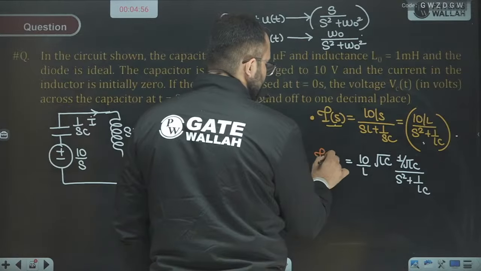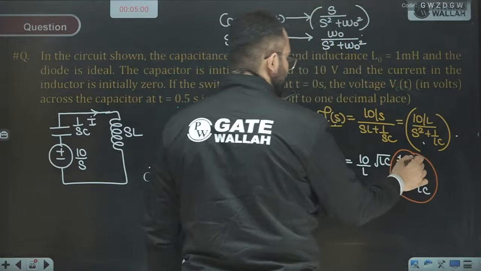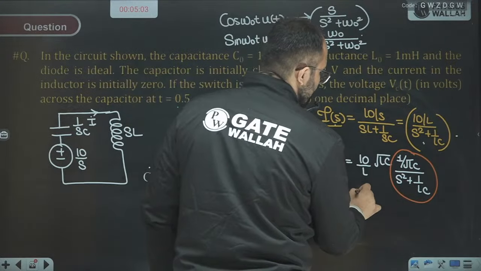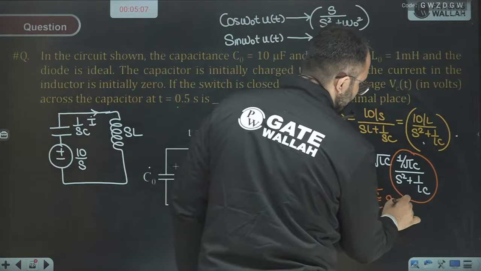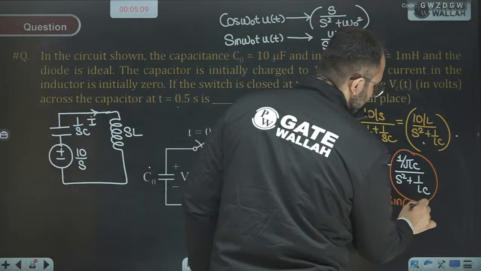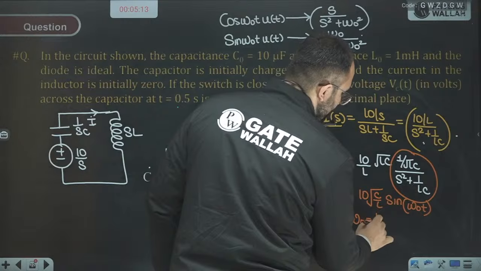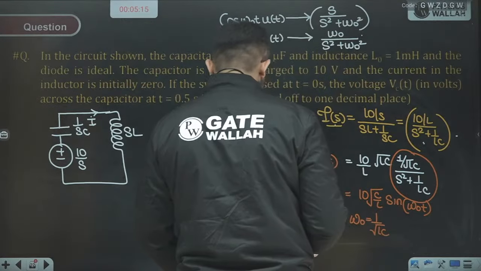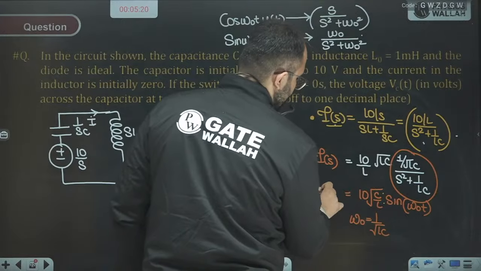This is your I(S). Now this will become a sine equation, and we can see this will be 10 under root of C by L sine of omega naught t, and omega naught is 1 upon root LC. We can simply put the value of C and L and find the current.